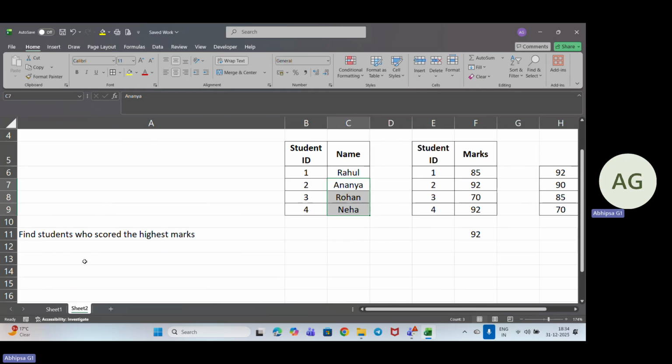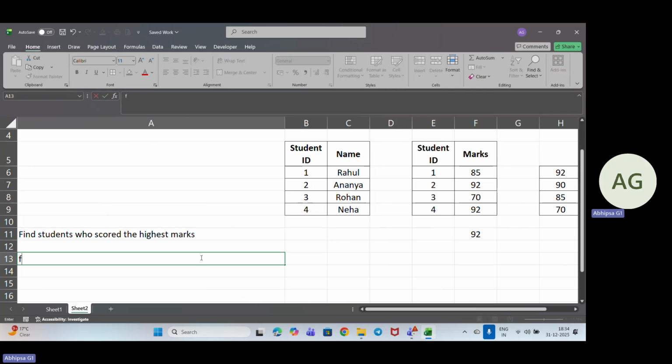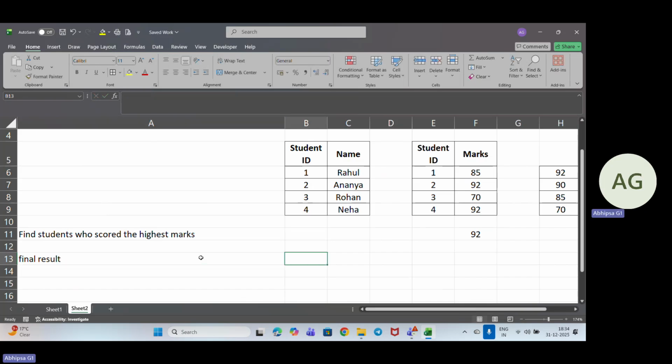So after this updated data, the final result would be name and marks. The name is coming up as Ananya and marks would be 92.